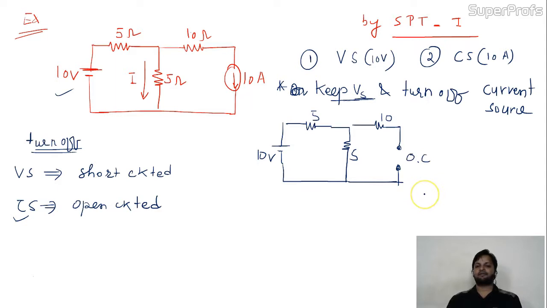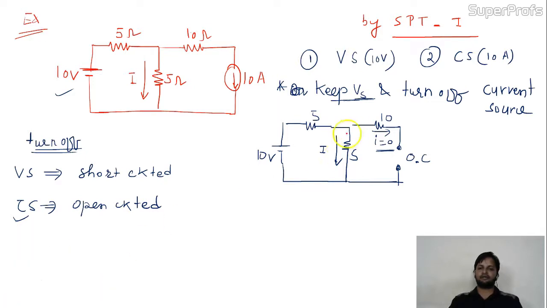Now this I is flowing in the circuit like this. This branch is open. Open branch means no current in the circuit. You know, in an open circuit branch there is no current.